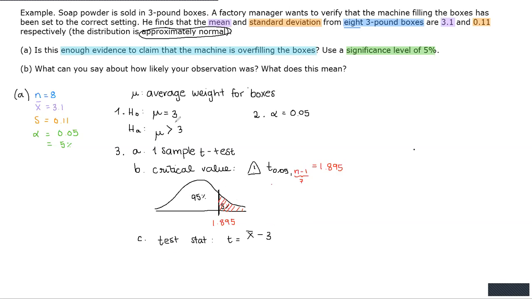So comparison value is the value that I'm comparing my mean to, divided by the standard deviation over square root of n. And now by replacing the values that I already know, I know that this is going to be x bar, which is 3.1, minus 3, divided by 0.11 over square root of 8, right? My sample size. You can evaluate this using your calculators, and you'll find that this is 2.57.